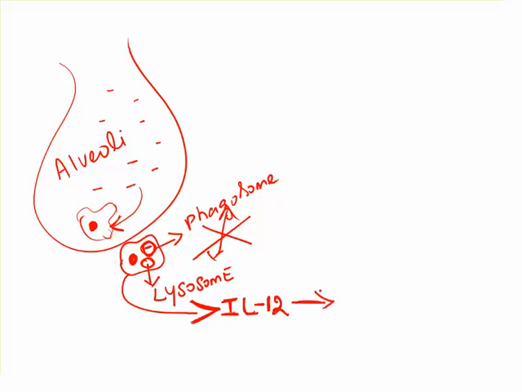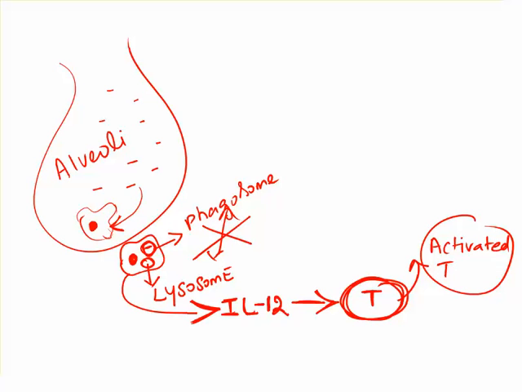This IL-12 goes and communicates with the T lymphocyte, and then the T lymphocyte becomes activated. Then they release a substance called interferon gamma.